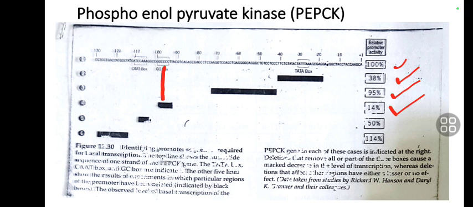If we remove the CAT box, 50% of transcription is affected. And if we remove any other portions which are beyond this promoter sequence, nothing happens, the percentage is 114%. So actually the efficiency is increased in this case.